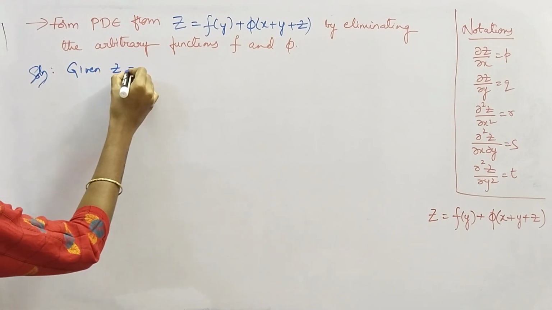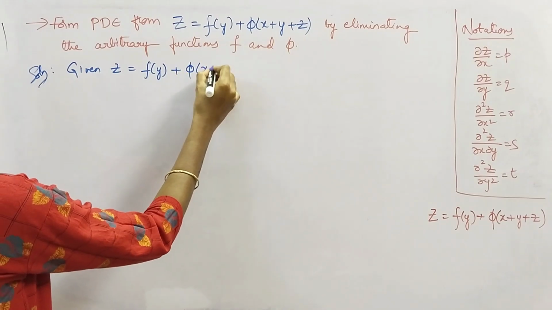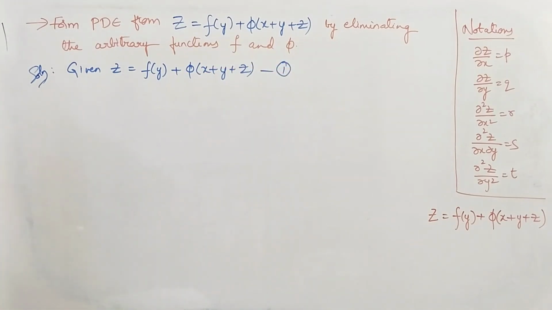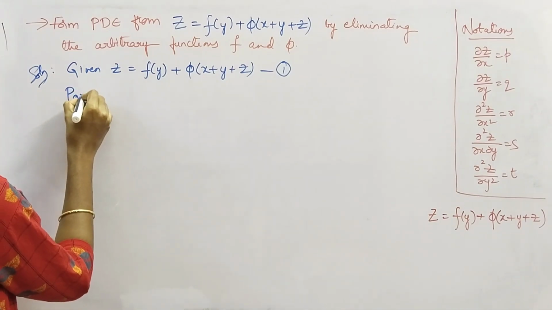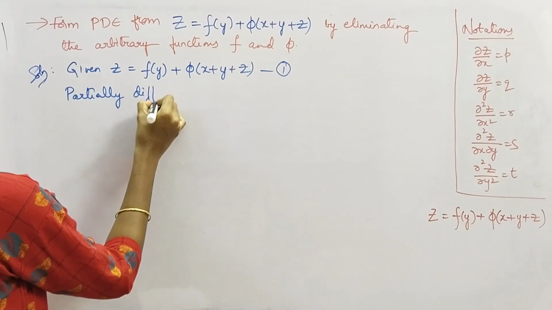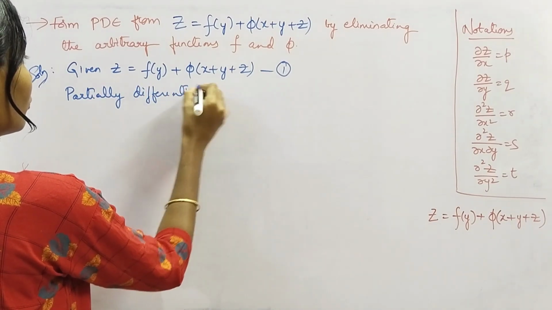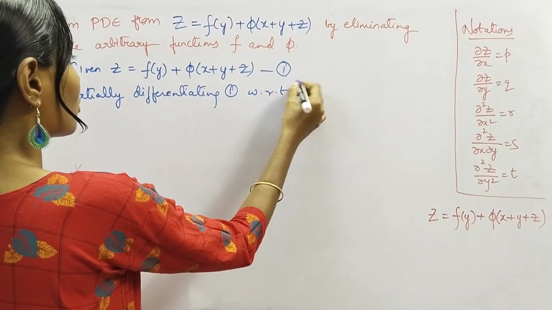Given z equal to f of y plus phi of x plus y plus z, consider as equation number 1. Now let's partially differentiate it with respect to x. Partially differentiating one with respect to x.